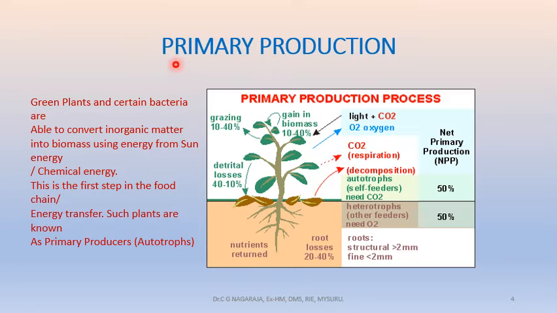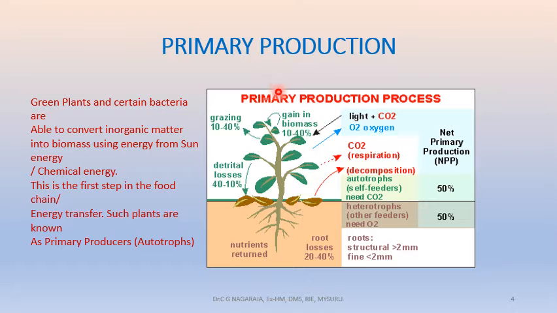When we say primary production in plants, particularly when we are talking about the ecosystem, we are talking about the living beings. Therefore, primary production here refers to the organisms which produce something. What do they produce? They produce the energy rich biomolecules.